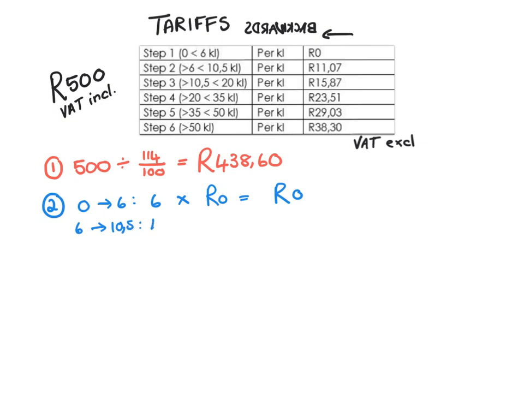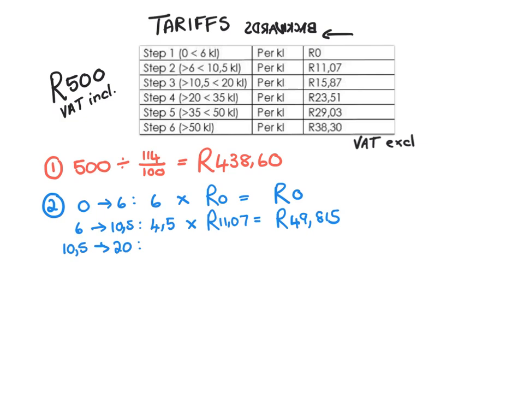The next step is from 6 to 10.5. And just like in the previous one, this is 4.5 kiloliters at 11 Rand and 7 cents. And this gives me 49 Rand and those funny decimal numbers again. The next step is from 10.5 to 20. I know that I need to go on because 49 Rand is still far off from 438 Rand.